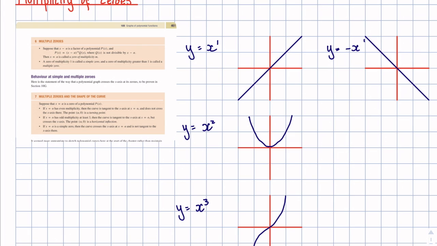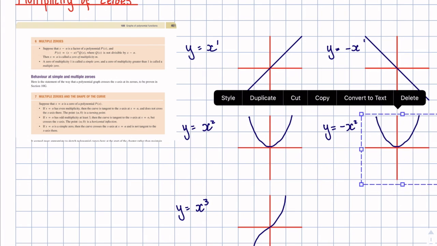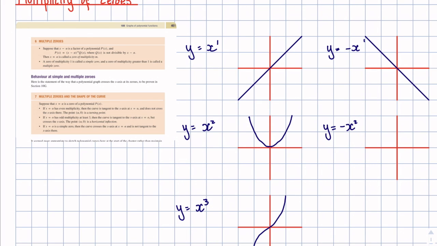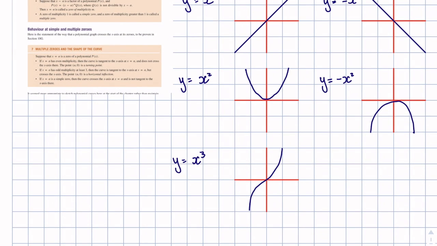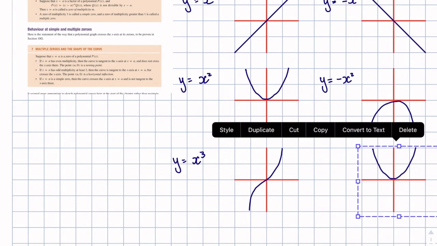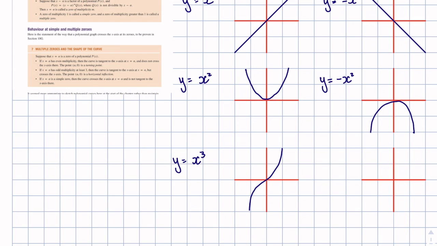If I had y equals minus x squared, then that's like that, but this time it's downwards. And if I had y equals minus x cubed, you can probably guess what it's going to look like. Instead of going up like that one, it's going to come down like that one.